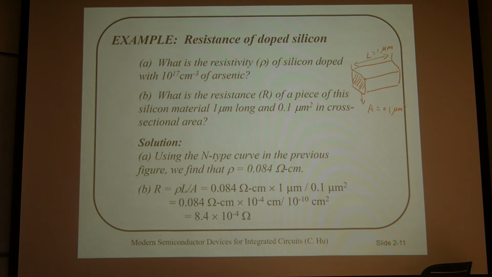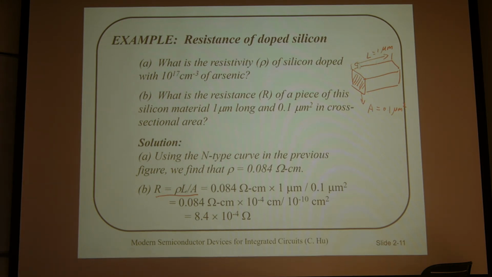Then what is the resistance of this silicon? So this one you can apply that simple resistor equation. You maybe have learned this from high school, and also we derived this from the very beginning, at lecture 2, I think. So R, resistance, equals resistivity multiplied by the length L divided by the cross-sectional area A.